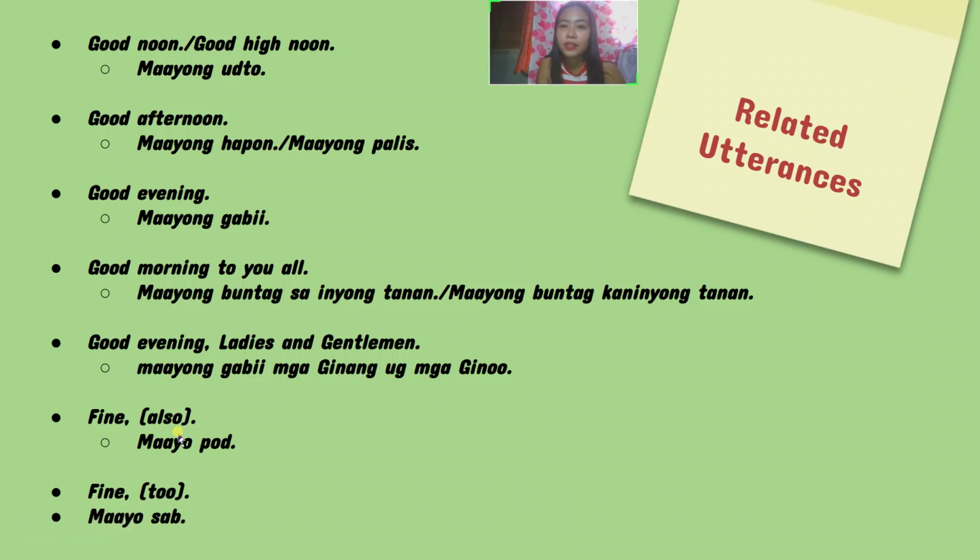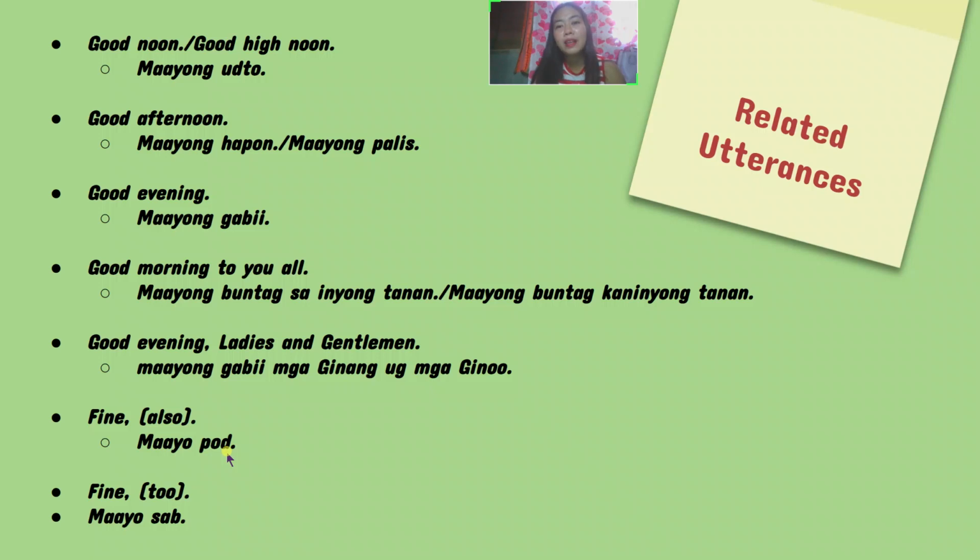So fine also. If someone asks you, how are you? Are you good? Yes, I'm fine. And then she asks you another question, how about you? I'm fine also. So in Bisaya, we will say, maayo pud.